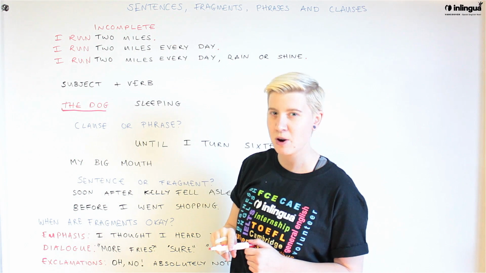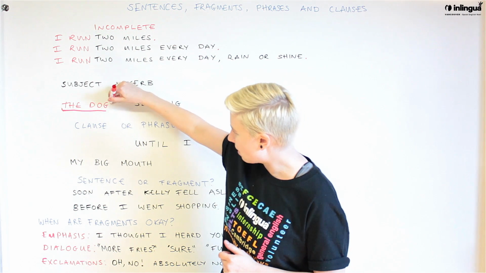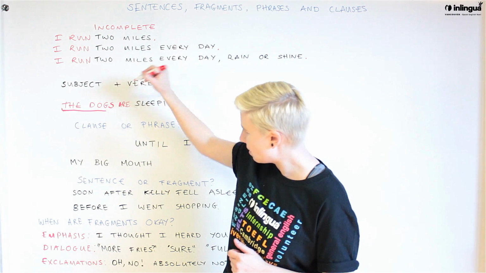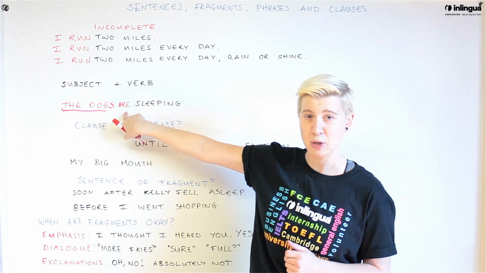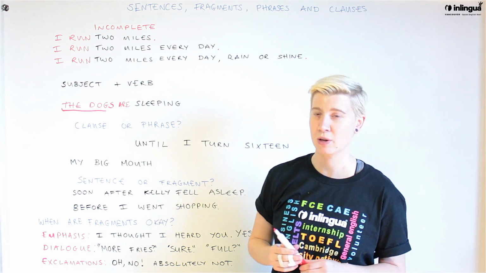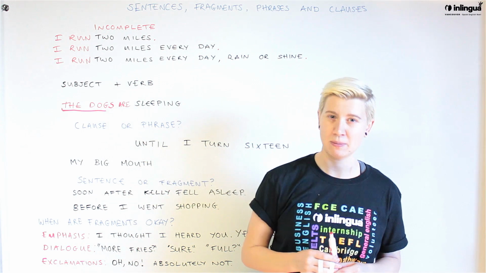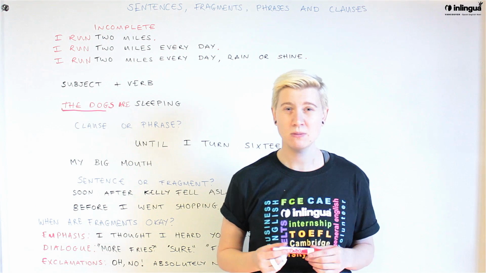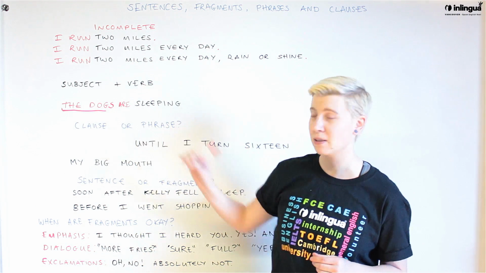How do you make something plural? Usually we add an S, and then we need to change the form of the verb to be, because now we are talking about more than one dog. The dogs are sleeping. And again, we can change this to talk about anyone who might be asleep, or anything like a dog.